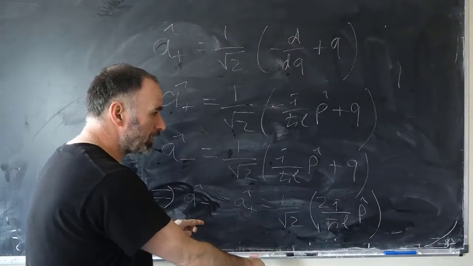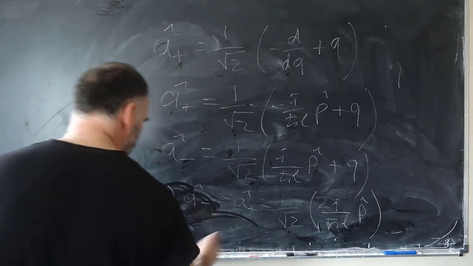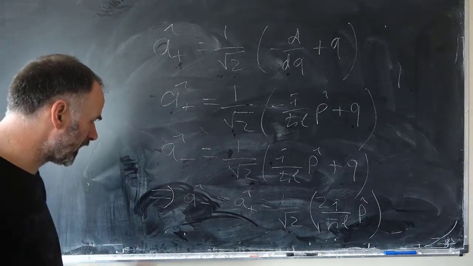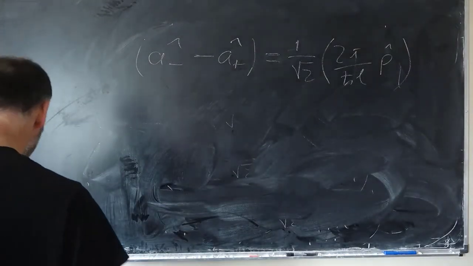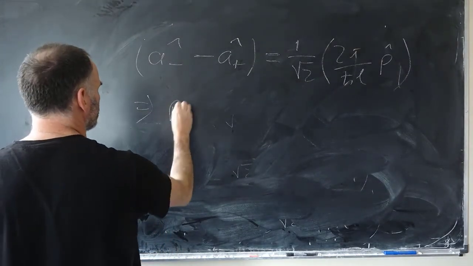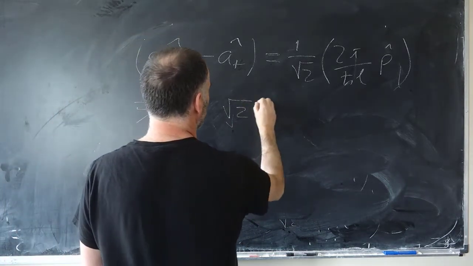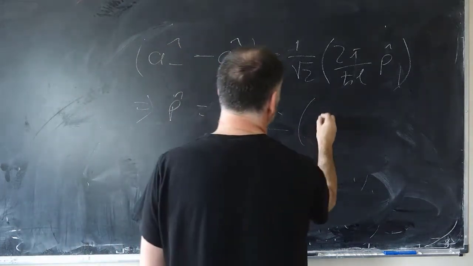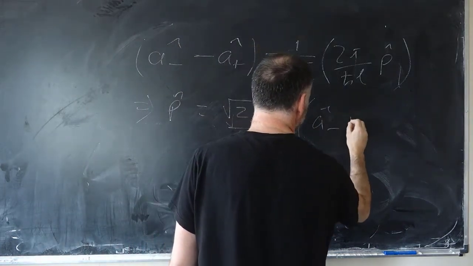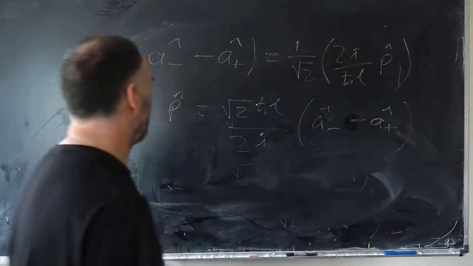Now we've just got to rearrange this to get the momentum operator in terms of the difference of the lowering and raising operators. Rearranging, that implies, okay, let's take that. That's root 2 h bar over L, 2i over 2i times this minus a raising operator.